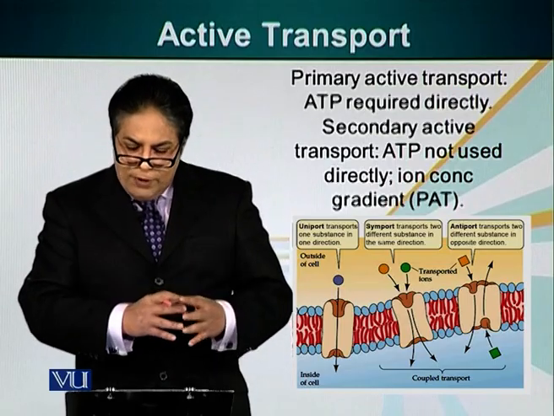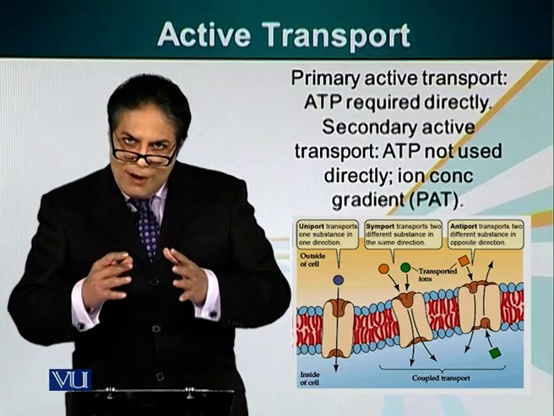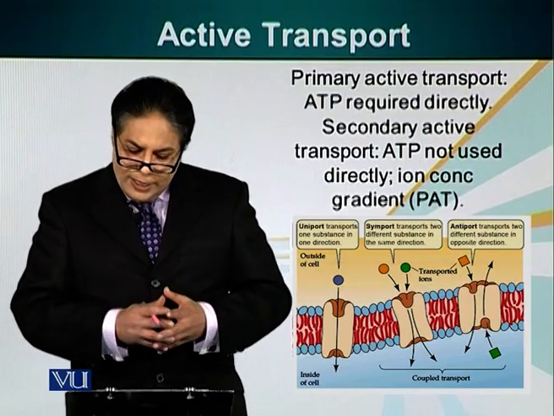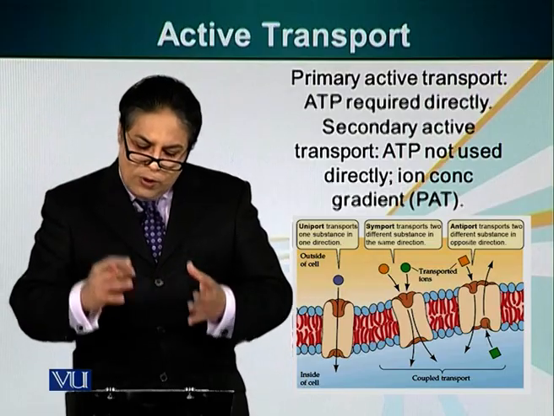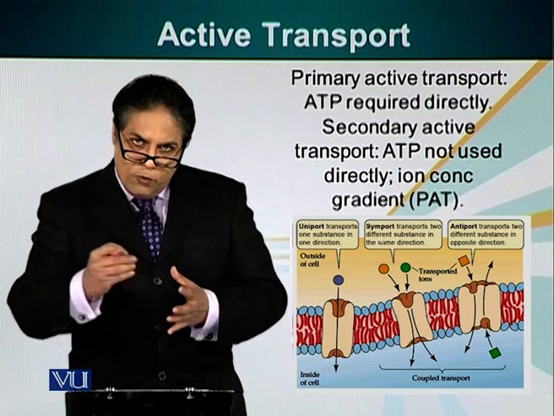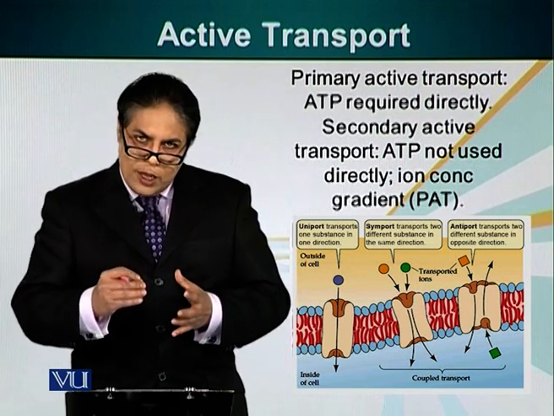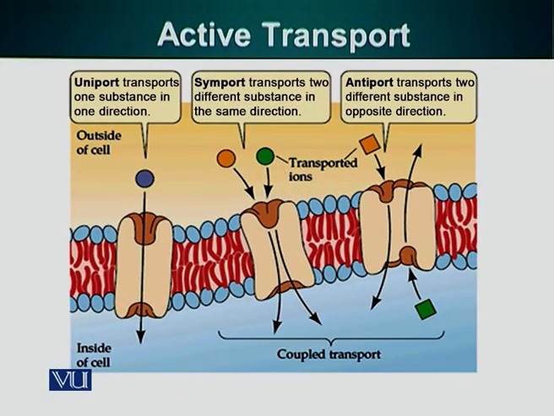There's another type of active transport, which is called secondary active transport, in which ATP is not directly used, but it is the ion concentration gradient that is used to move molecules across the plasma membrane. This ion concentration gradient indirectly uses ATP energy. Although energy is required, it is not directly taken from ATP.